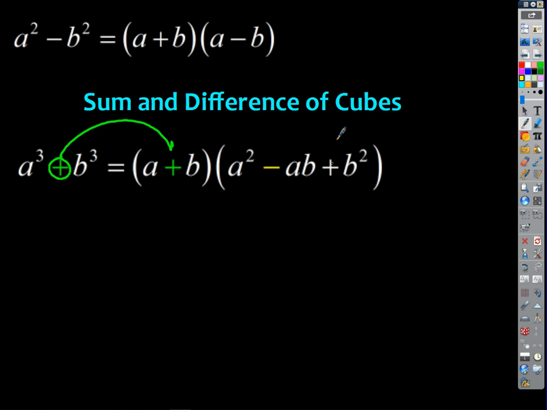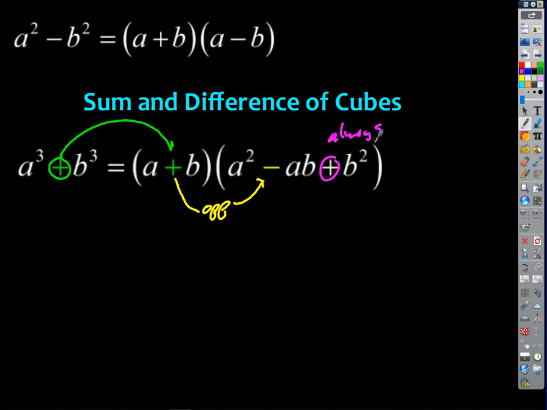The first sign of the trinomial is always going to be the opposite of that. So if we start off with a positive, that's going to be a minus. And then the last sign, the last operation, is always going to be positive.